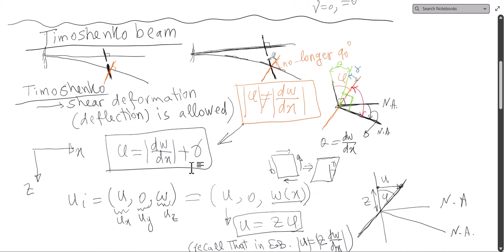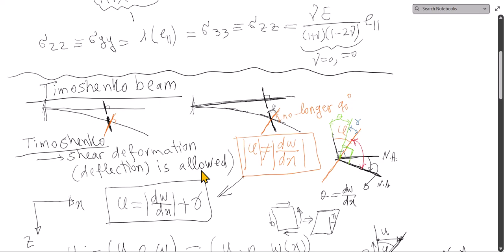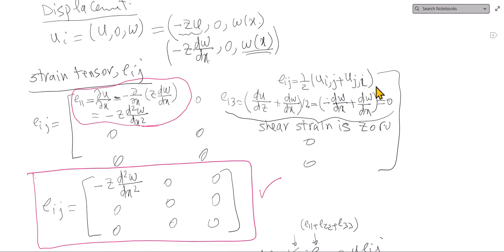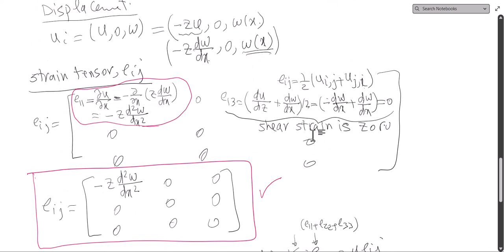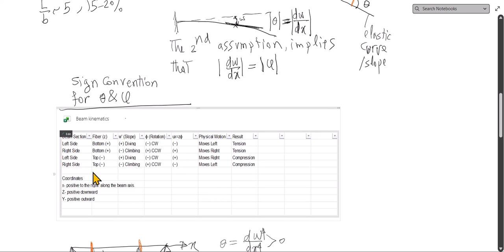I don't mean to go through this heavily here, but just wanted to point out the major assumptions. Still, I have to do the sign convention, and for the sign convention, I refer you to the previous table that we had. This table applies here also for Timoshenko beam.